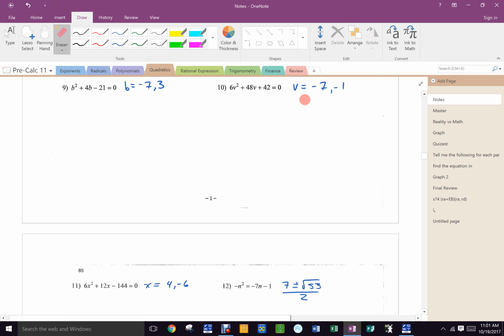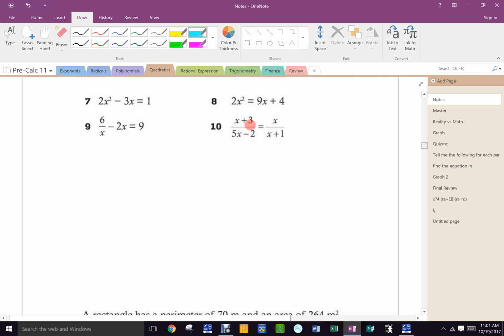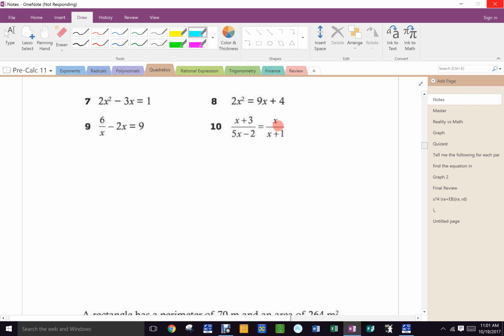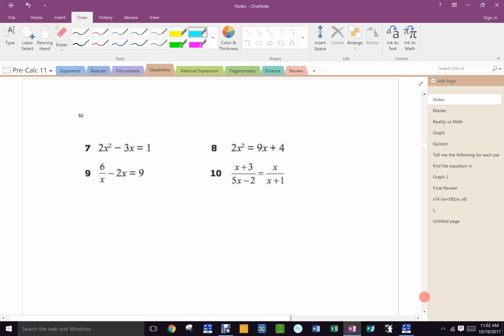That one? Oh, that one. This one. That one? Okay. What do you do every time you see fraction equals fraction? Forget about being in grade 11. What do you always do?